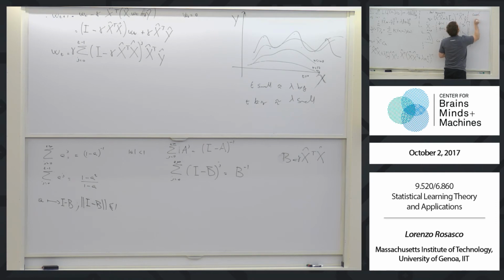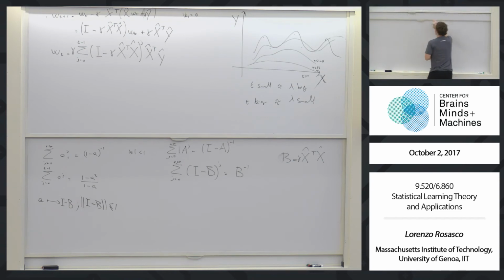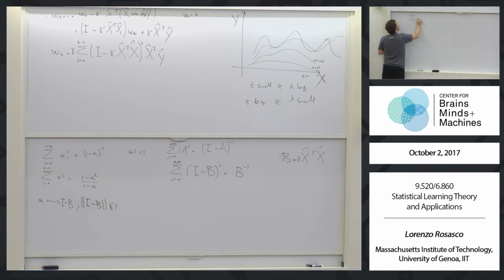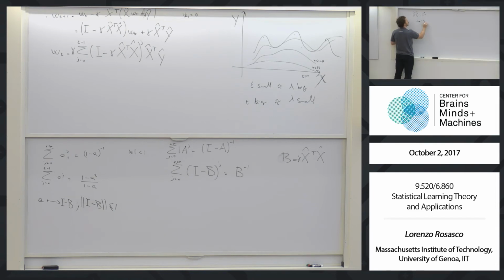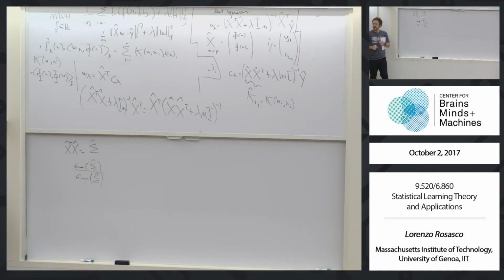If you call x transpose x sigma, and let me call sigma max the biggest and smallest eigenvalue of that matrix, then if this guy is bad, I might have a very unstable operation when I try to invert it.